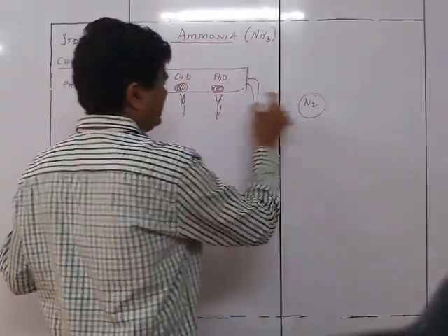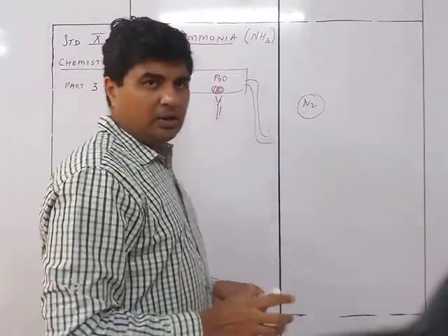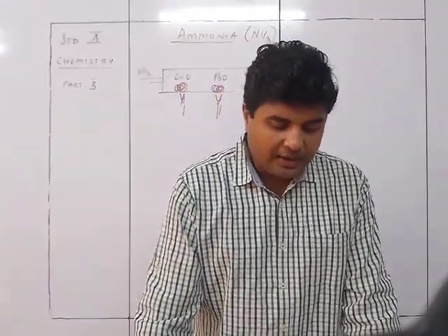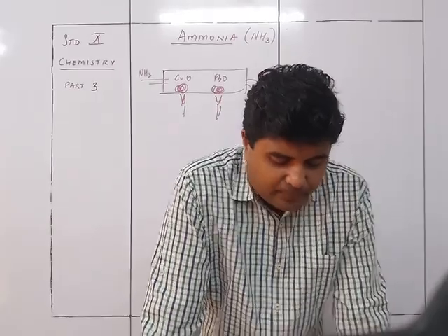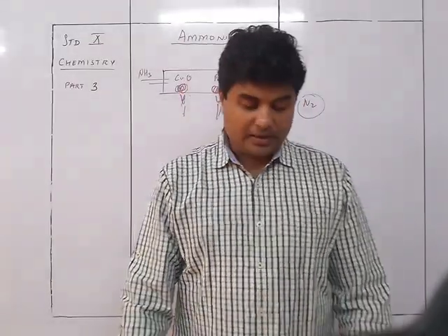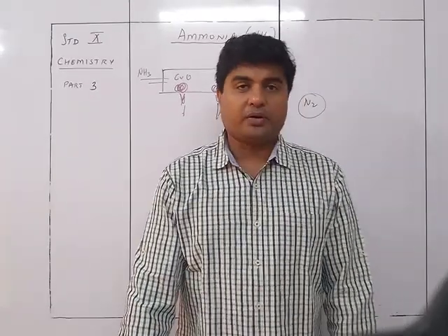So this experiment is not so important, so I'm not drawing it completely, you can see it from the textbook. So reactants are simple, that copper oxide and lead oxide and ammonia, and the product will be copper or lead.